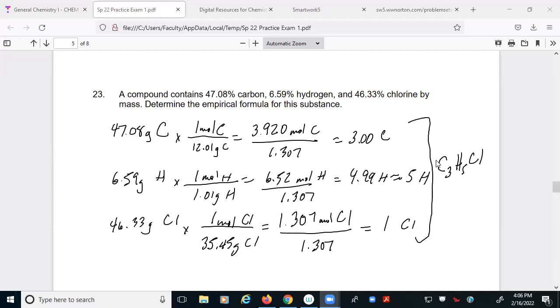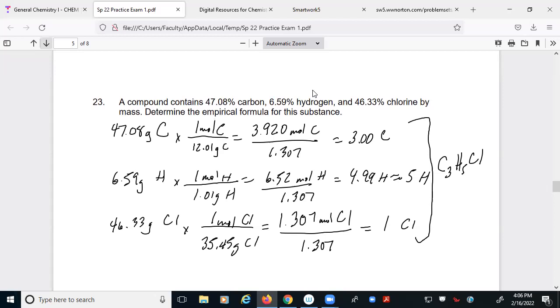Then we would need to find the value of N. N is equal to the molar mass divided by the empirical mass, which we can calculate: 3 times 12.01 plus 5 times 1.01 plus 35.45. The empirical weight would be 76.53.